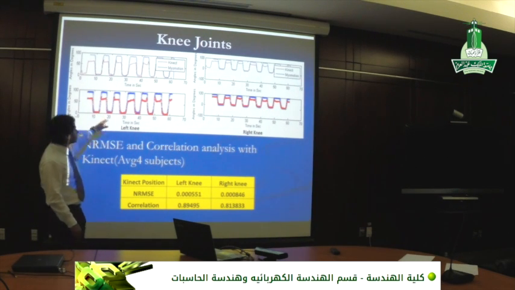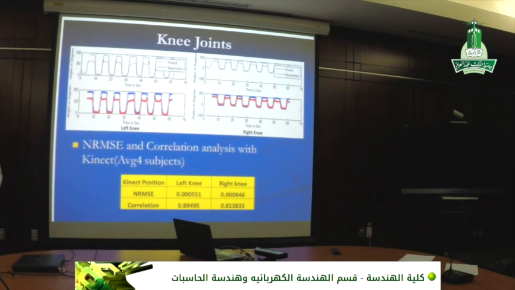The reason for being so well correlated is that the knee joint has only 1 degree of freedom, and the movement is quite easily visible. This is the reason why the correlation is great for this joint.